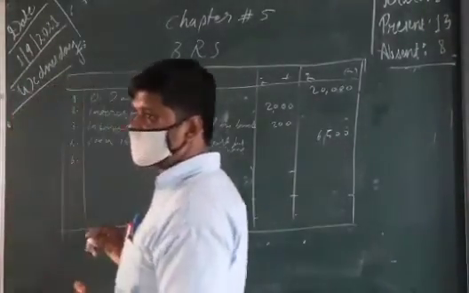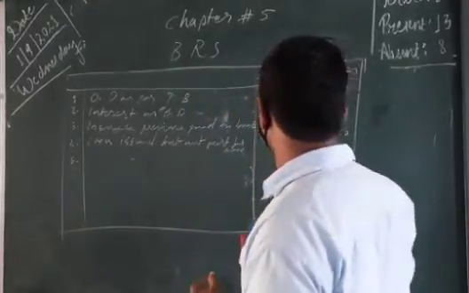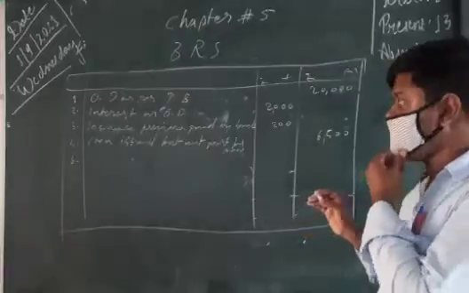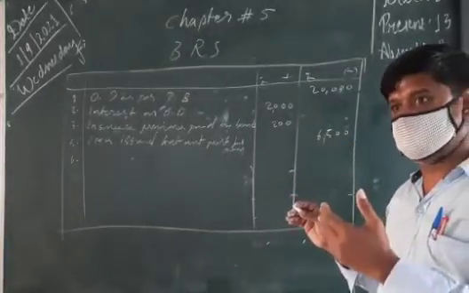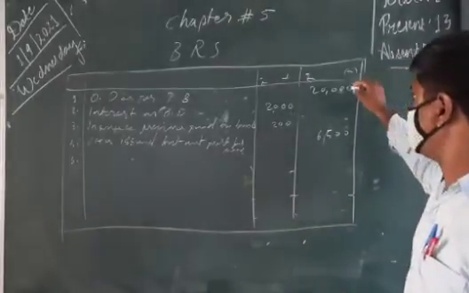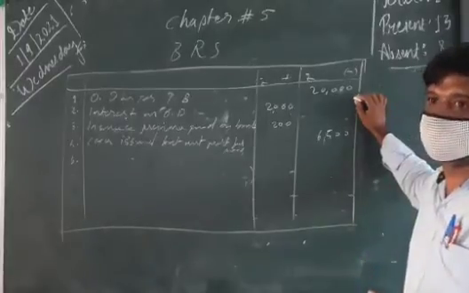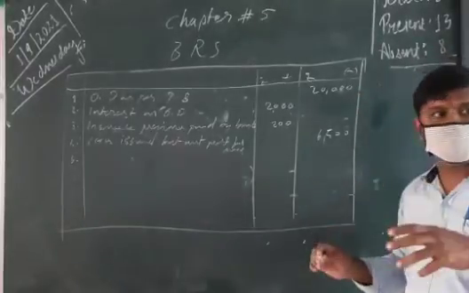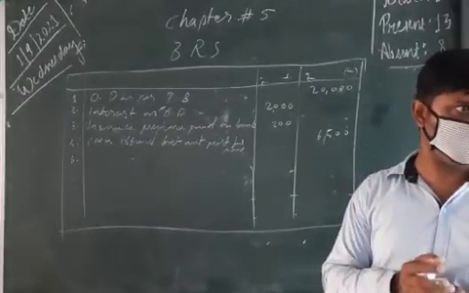Check deposited, not cleared. That means this amount also, in our cash book, we increase it. But that is not collected by the bank. When the bank collects that amount, our negative balance will reduce.